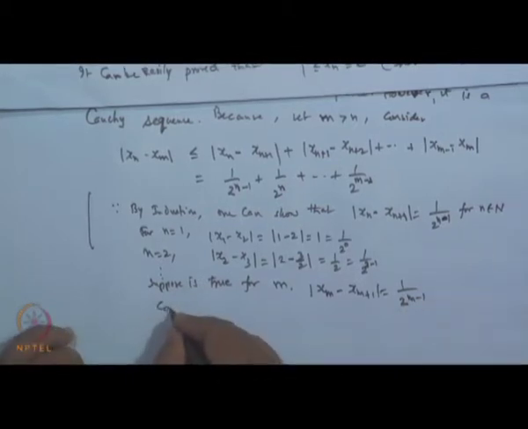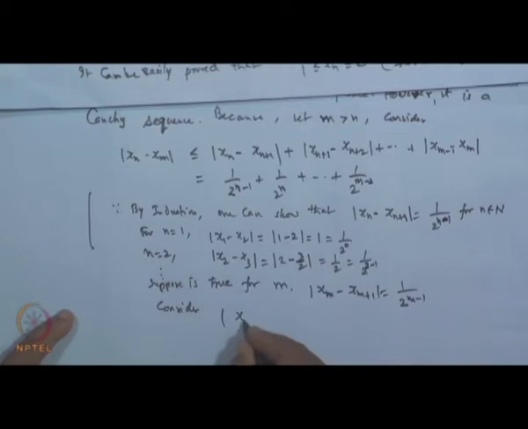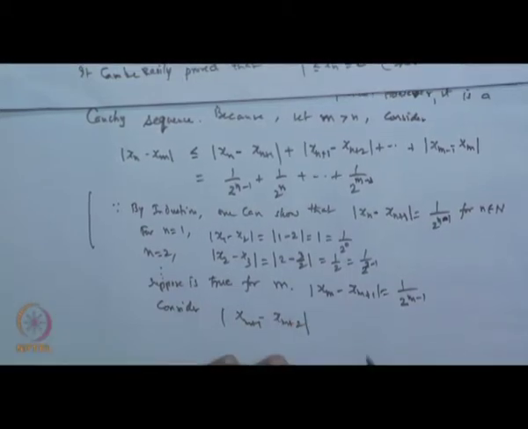So consider now mod of x n plus 1 minus x n plus 2. So that will be equal to what?